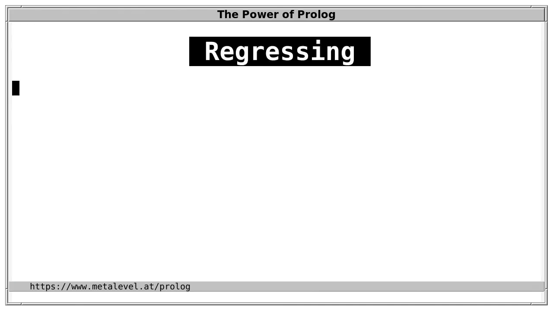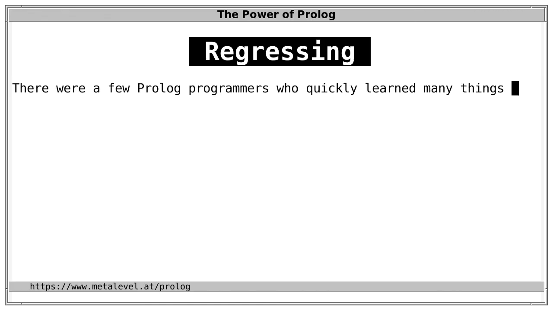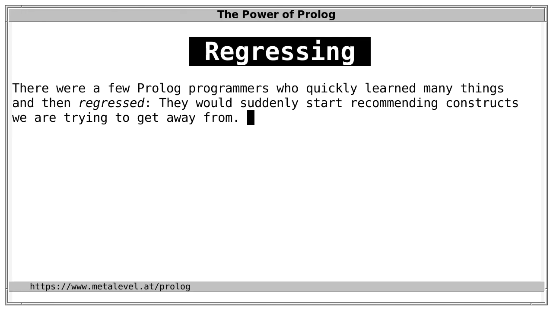And finally, maybe the strangest antipattern of all, namely regressing. Because I've seen a few Prolog programmers, not very many, but still at least one or two, who very quickly learned many things and then regressed. In the sense that they'd suddenly start recommending constructs that an experienced Prolog programmer will try to get away from, because they are too hard to use and reason about.